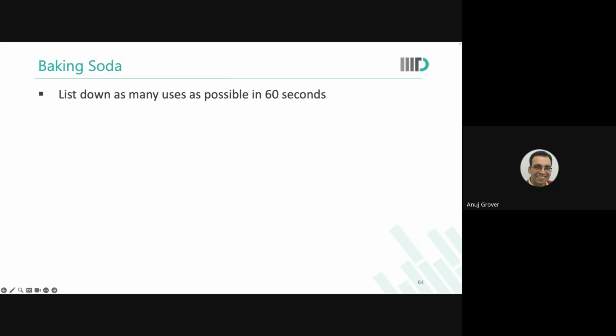Now, last round. I'm giving you another 30 seconds. Write down as many uses of baking soda as you can think of. 30 seconds. Your time starts now. You can think about how it looks. You can think about where it could be used. You could think about different places: bathroom, kitchen, this air generator.